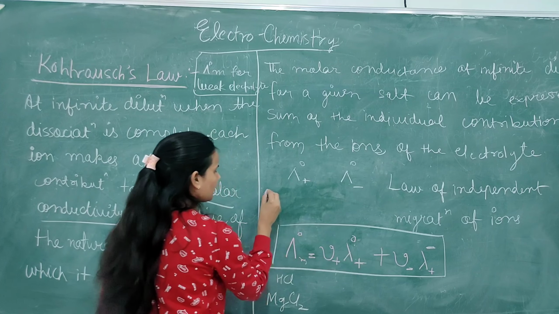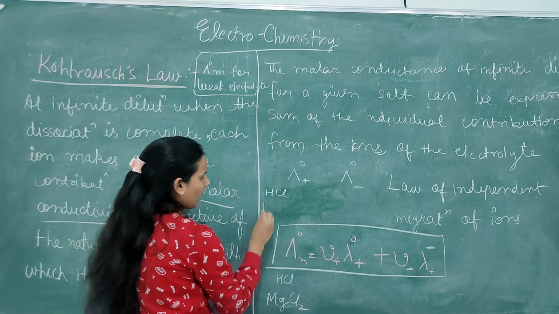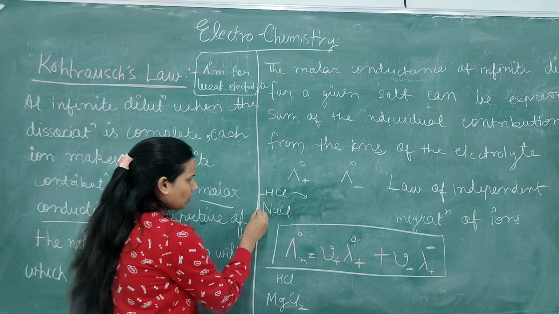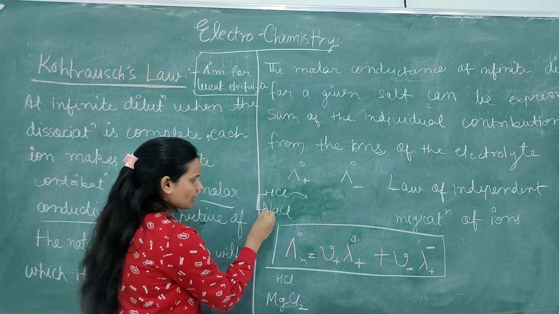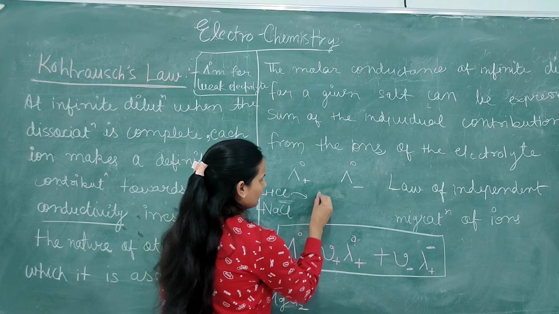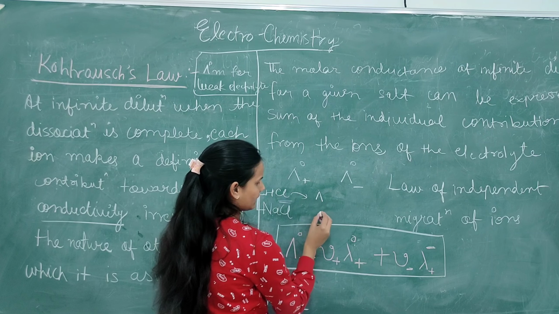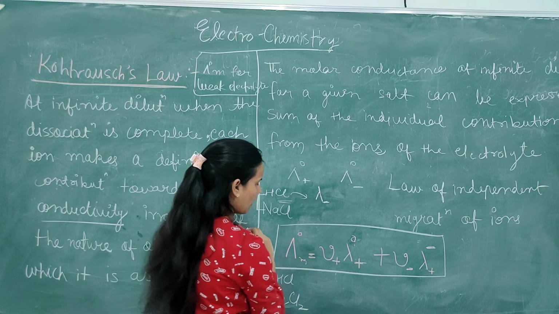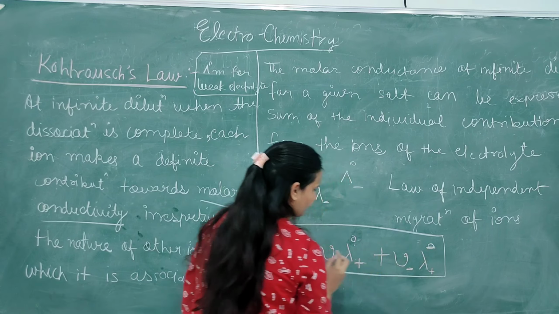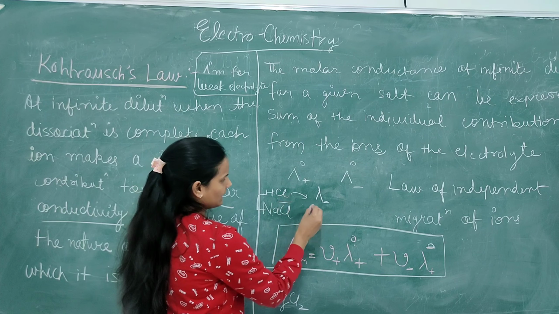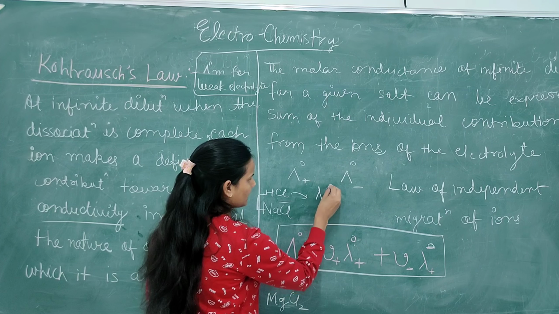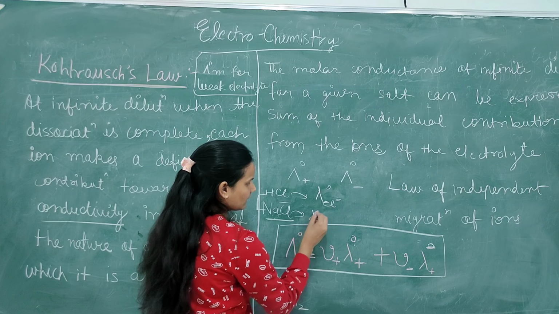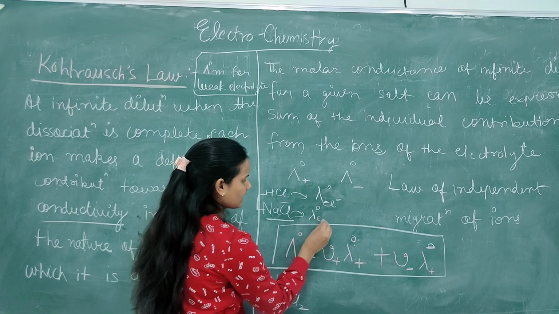Also, one can find if I am taking HCl and I am talking about NaCl. Here at infinite dilution of both these, the molar conductance of Cl negative, for the anion I will show it like this, you can write at infinite dilution, and obviously NaCl also contains chloride, so we can see the molar conductance at infinite dilution for this Cl negative.